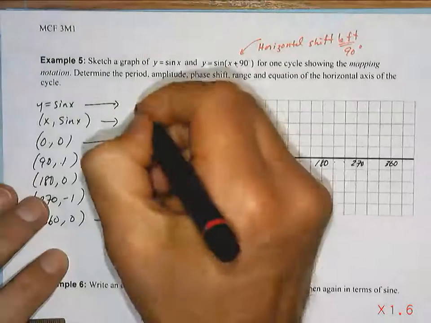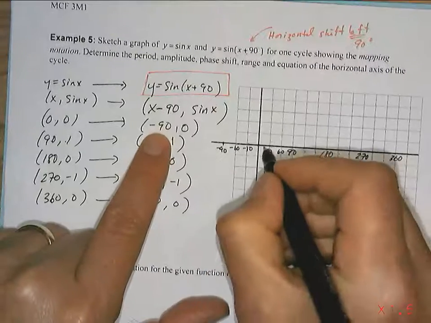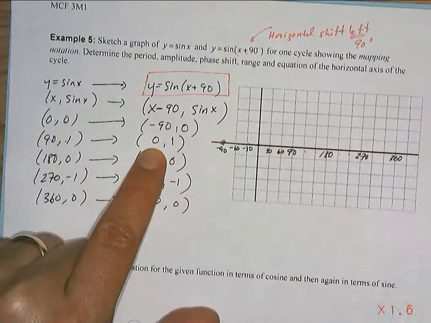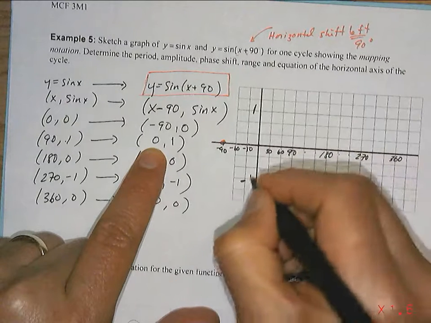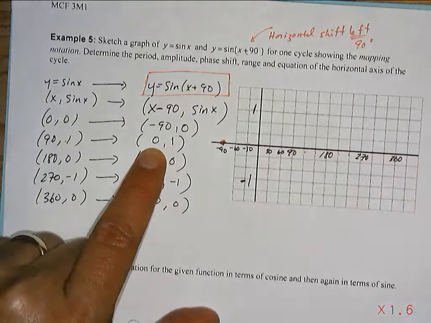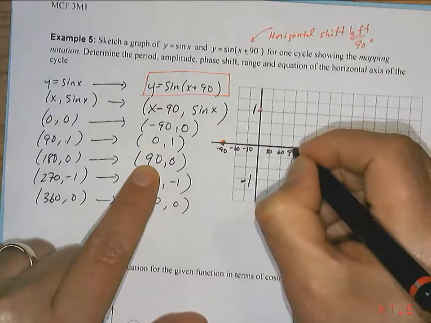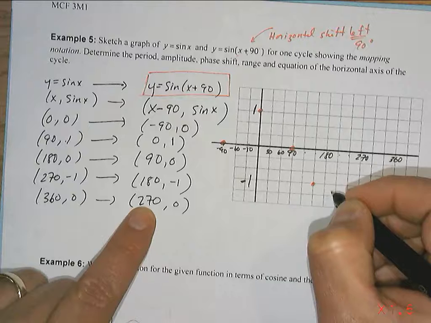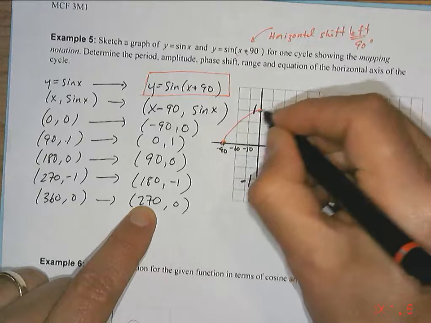Let's sketch this guy. So -90, 0. 0, 1. Let's go up 3 for 1. Let's go down 3. 90, 0. 180, -1. 270, 0. Let's put them together nicely.